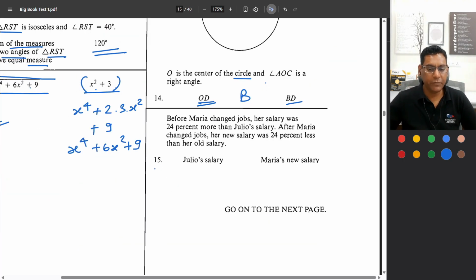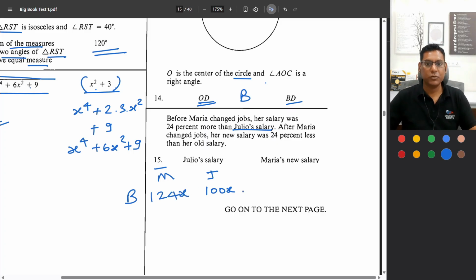Let's move on. Question 15. Before Maria changed jobs, her salary was 24% more than Julio's salary. So let's say this is before Maria changed job, salary and Julio's salary. Let's say Julio's salary was 100x, Maria's salary was 24% more, so 124x. Or you could just do x or 1.24x also, that's fine.